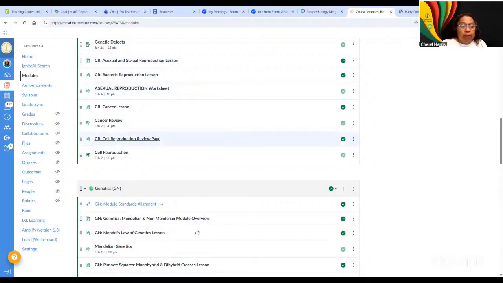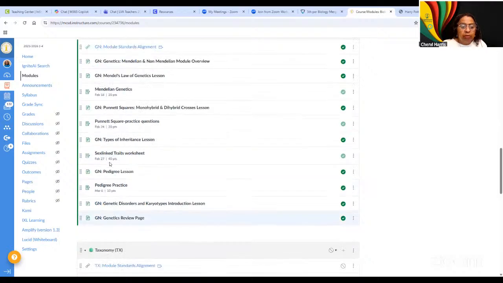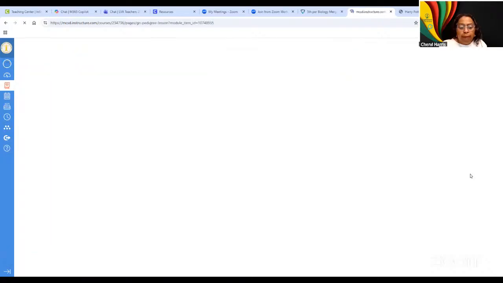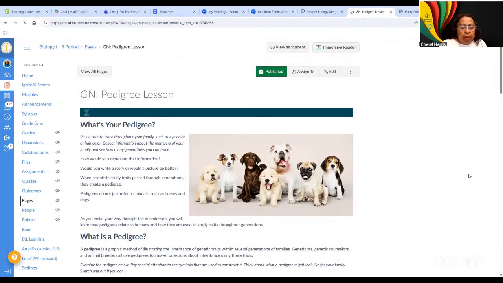All right. So pedigree, back to pedigree. Please do look at that. I think most of you have heard the term pedigree before, and you know that it has to do with breeding, and we're looking at certain genes, especially with dogs and horses.